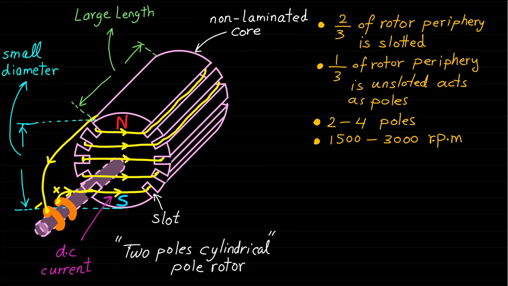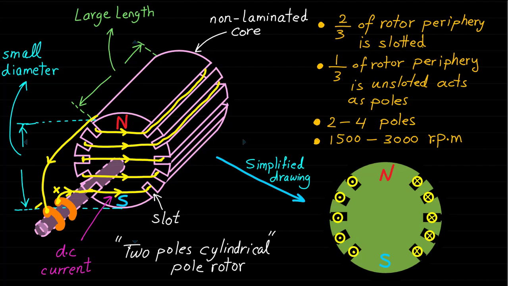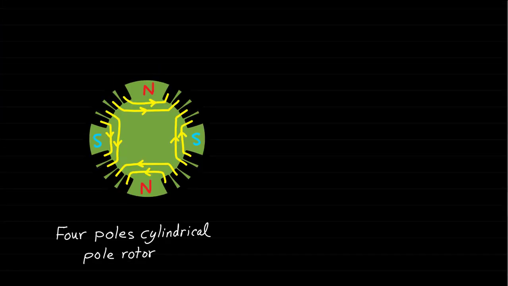To simplify this drawing of the 2-pole cylindrical pole rotor, the drawing can be represented by a rotor core with 2 poles, north and south poles, as shown. This figure shows the front cross-section of a 4-pole cylindrical pole rotor.